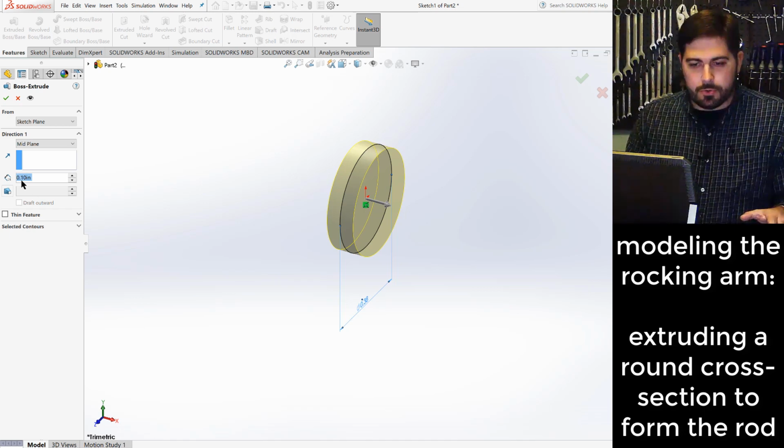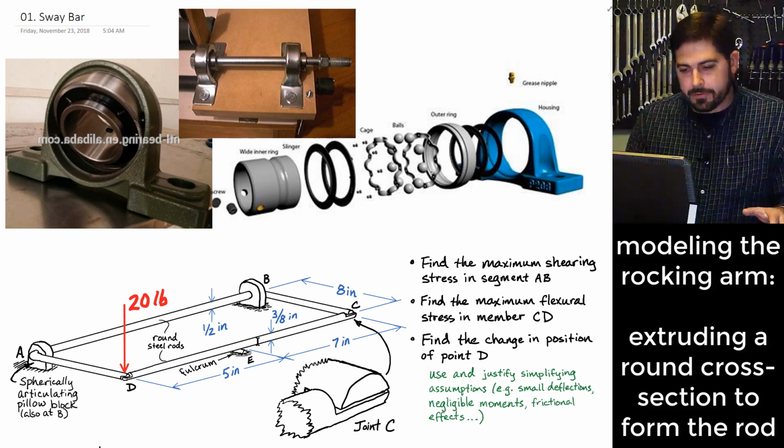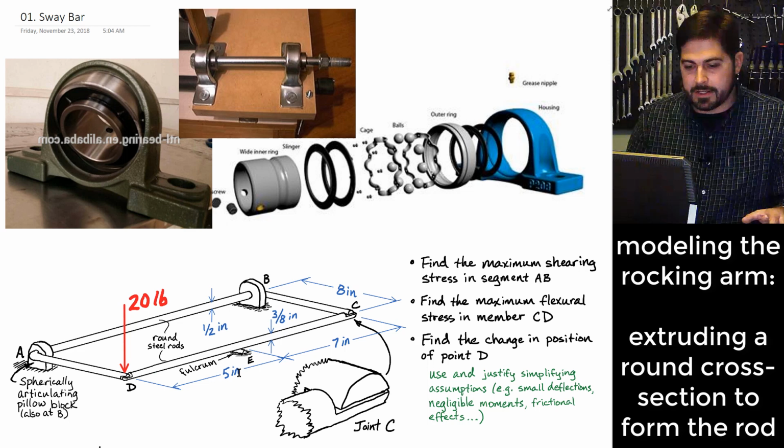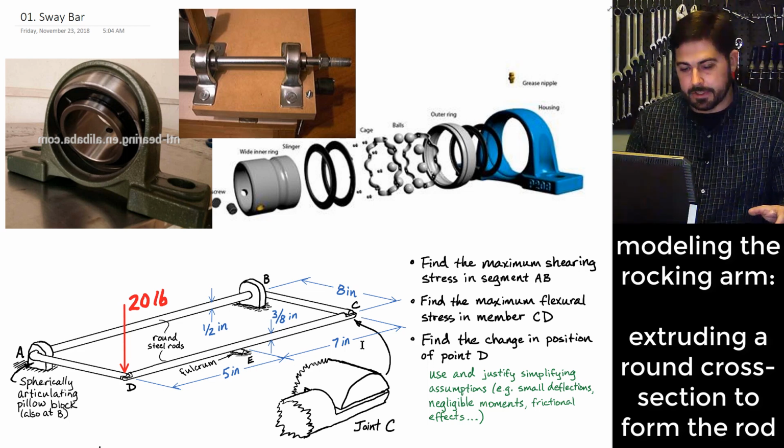All right, how long do I want to extrude that? Well, let me go back in here. I want it to be long enough so that my 12 inches covers center to center from C to D, but I want it a little bit longer than that because I want to go out to the ends, as far as the extent goes for rod AD and rod BC over here.